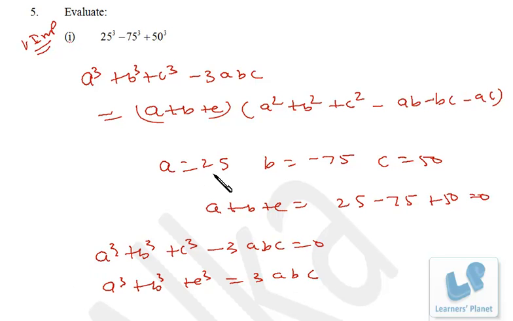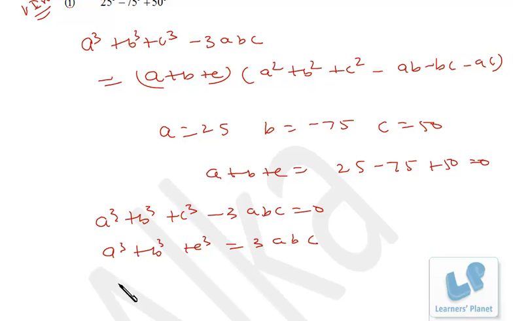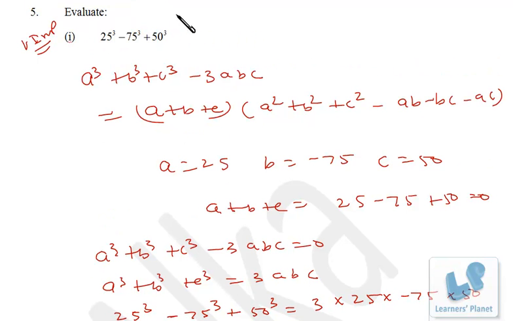Now here in this case a is 25, b is minus 75, and c is 50, right? So what would happen? 25 cube minus 75 cube plus 50 cube is equal to 3 into 25 into minus 75 into 50, right? So this is a huge calculation otherwise.